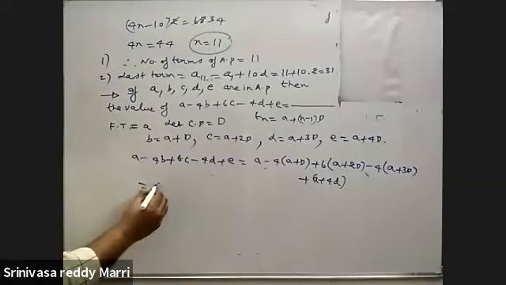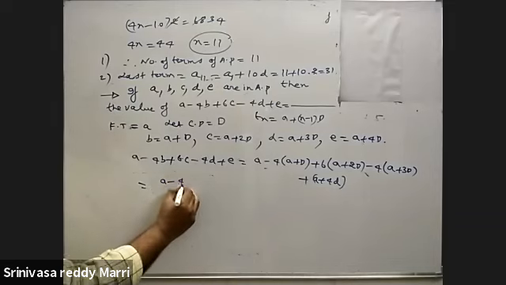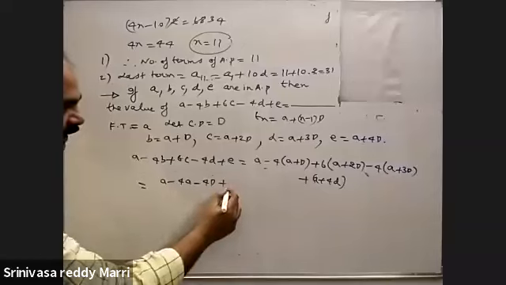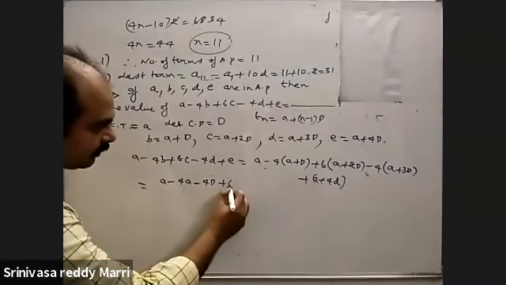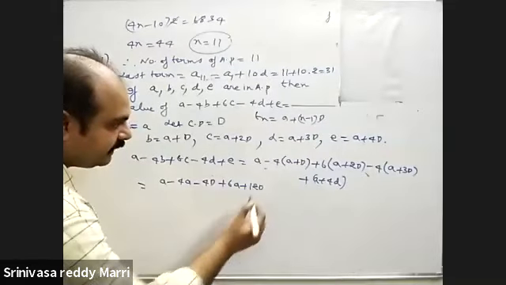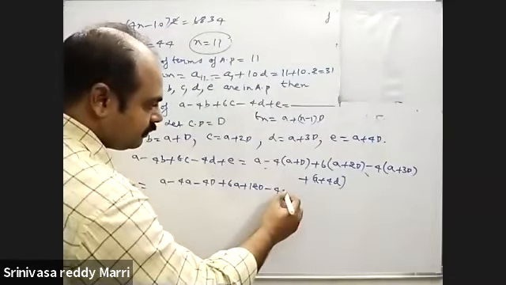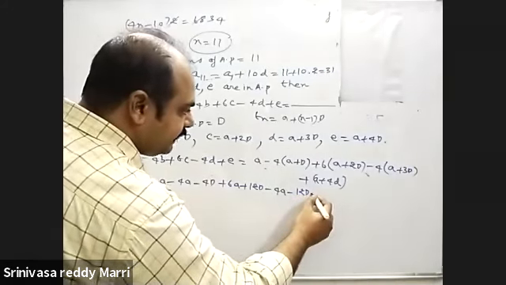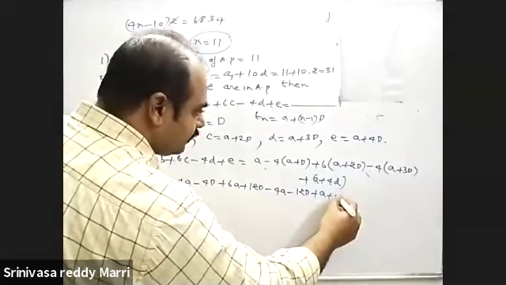Now look at multiplying. A minus 4A minus 4D, plus 6A plus 12D, minus 4A minus 12D.